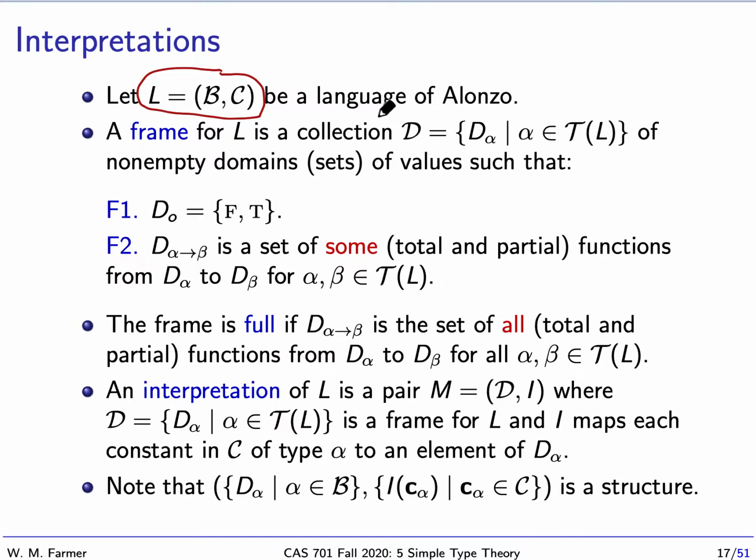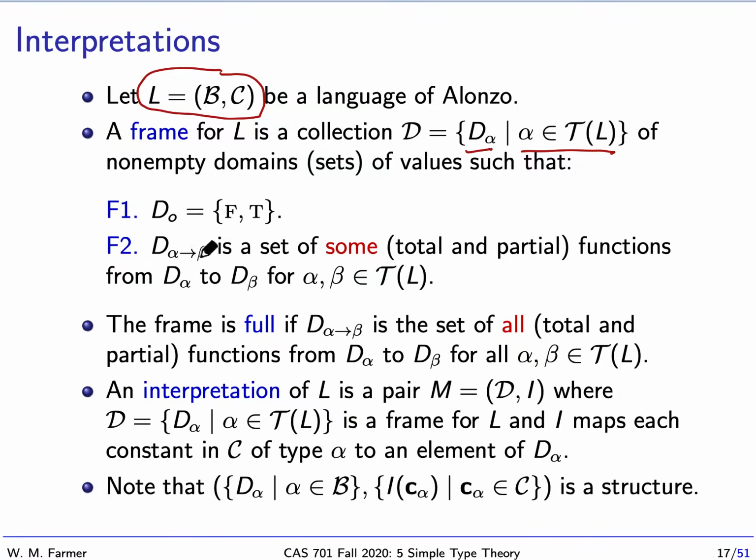So the first thing we're going to do is define a frame for the language. And a frame will be a domain, a non-empty domain, for every type of the language. And there are some conditions here. The first is that the domain for omicron, which is the domain for Boolean values, will be false and true.